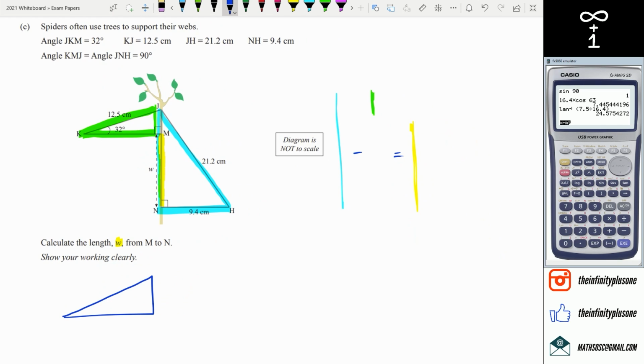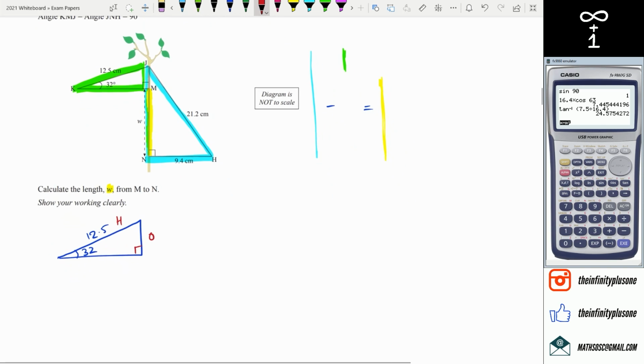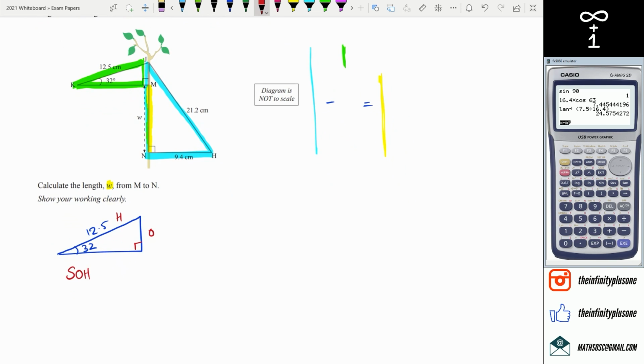So first I've got the green triangle here, which is 12.5 and 32. And what I've got is opposite and hypotenuse, so I'm using sine. So sine of 32 equals opposite divided by hypotenuse. Sine of 32 equals opposite divided by 12.5.